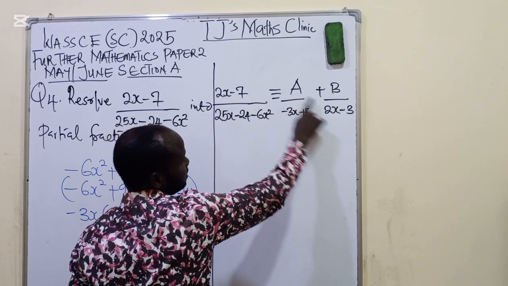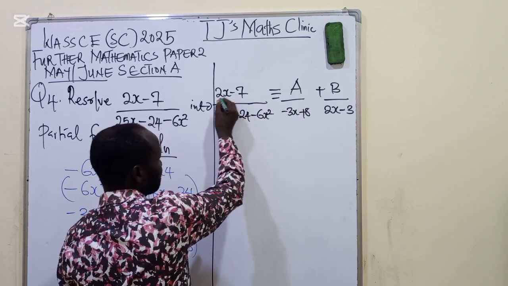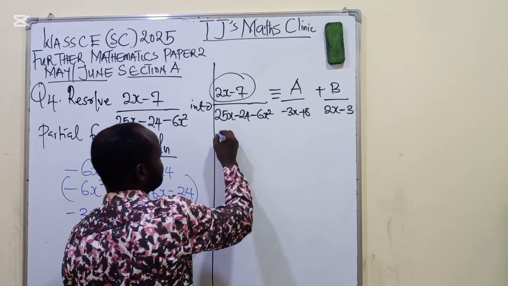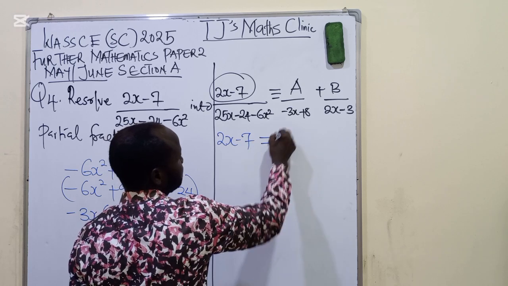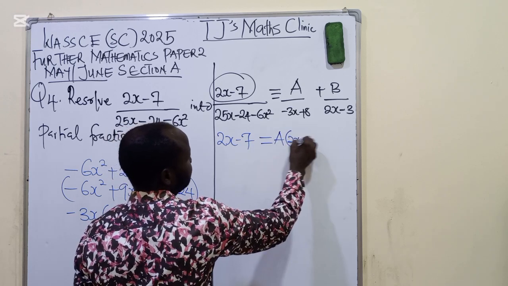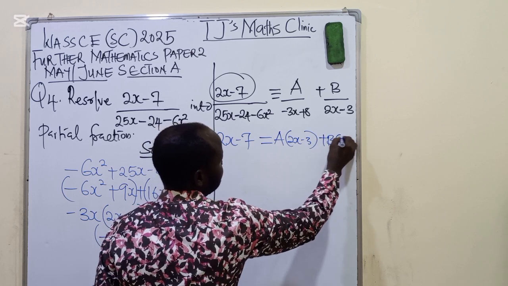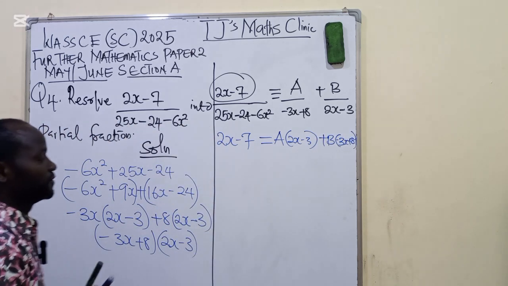So it will be A multiplied by (2x minus 3). That will now be 2x minus 7 equals A into (2x minus 3), plus B into (minus 3x plus 8). So this is what I'm going to have.